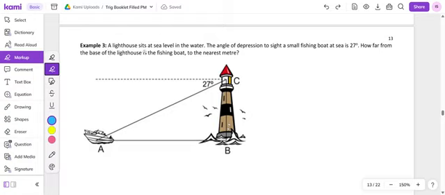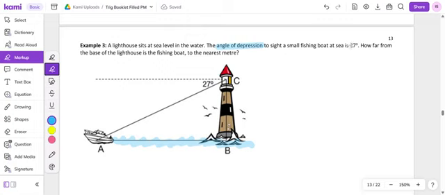A lighthouse sits at sea level in the water. What that means is this is where the water is, right? And so the bottom of the lighthouse is at the same level as the sea. The angle of depression, what is that? To sight a small fishing boat at sea is 27 degrees.